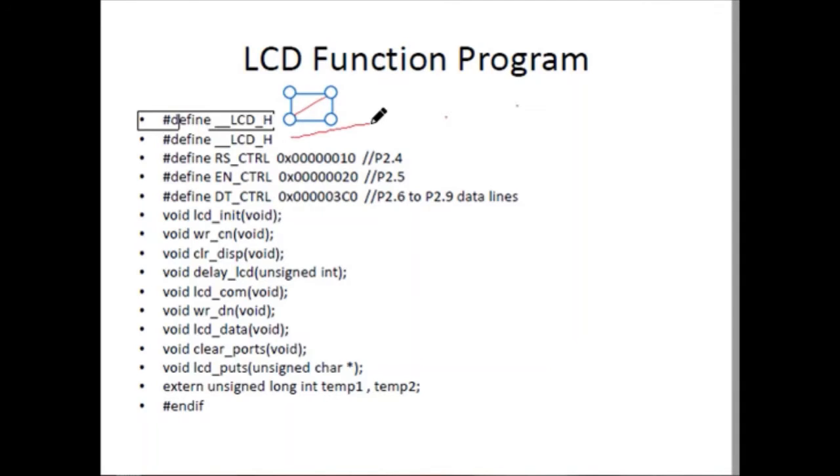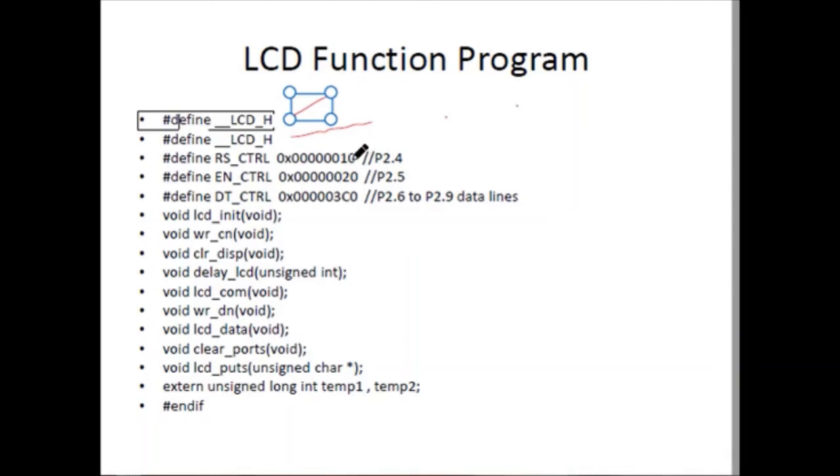Next, in order to have the values over register select, we have P2.4. Why is this value 10 here?